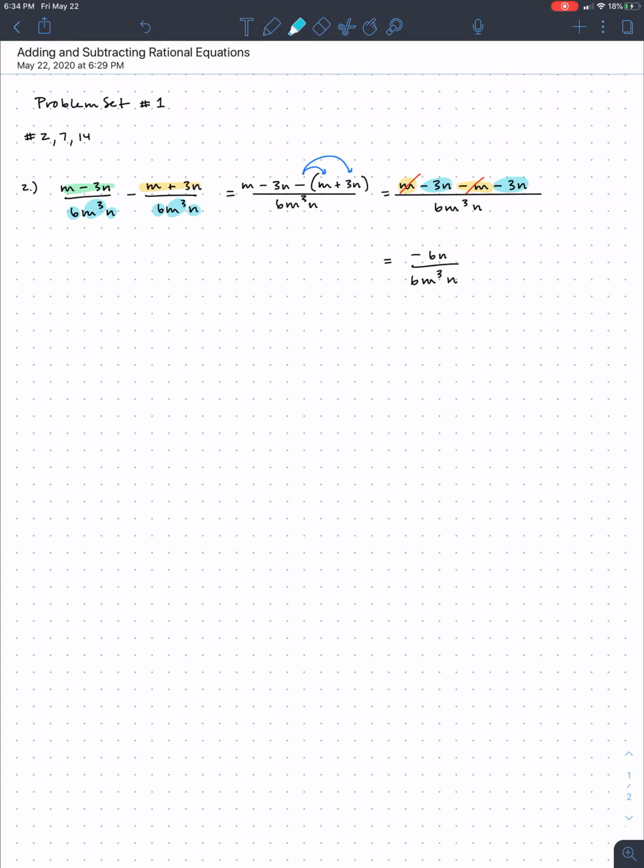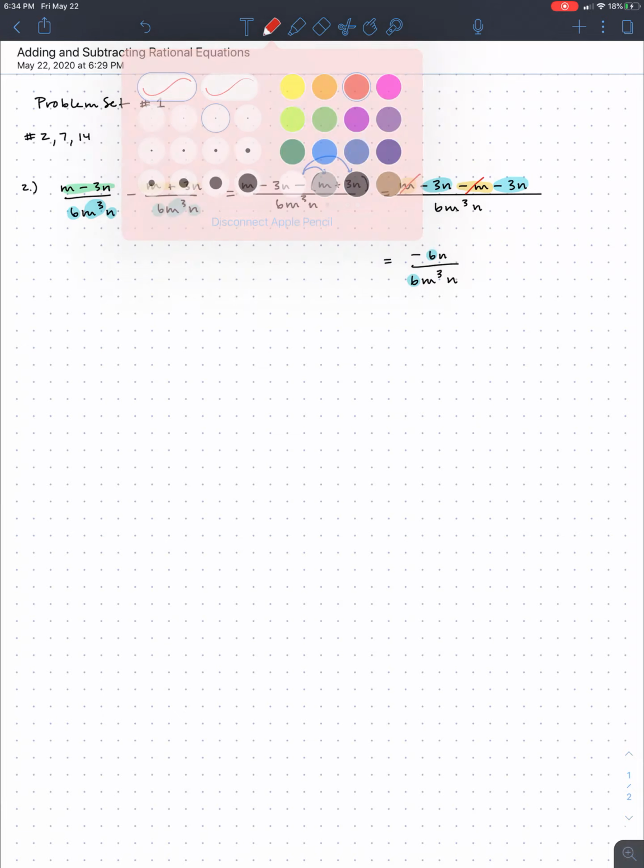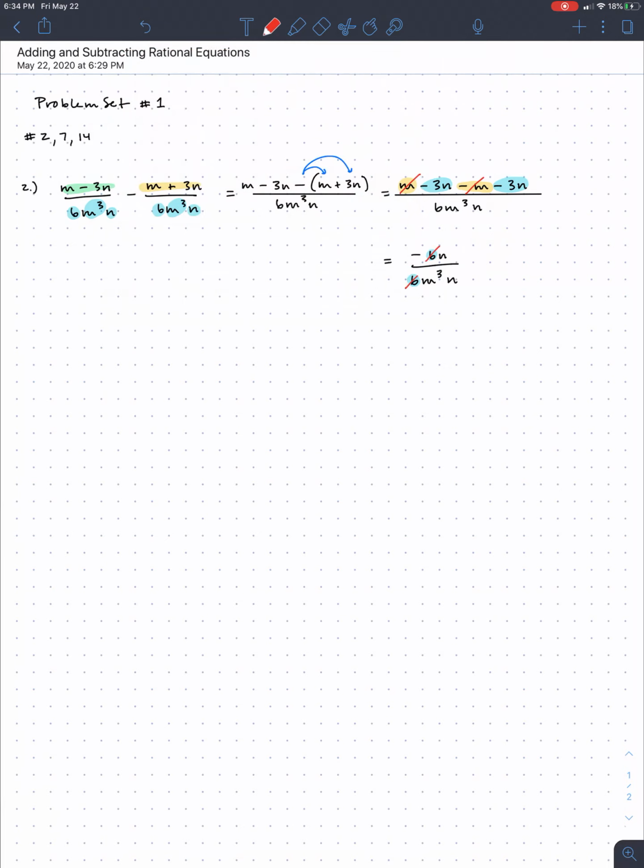Can I reduce this anymore? Well, I have a 6 in the numerator and a 6 in the denominator. Everything's being multiplied together, so I can cancel out those 6's. I also have an n in the numerator and an n in the denominator, so my n's can cancel out. So what am I left with? I have a negative 1 over m cubed. And there's our final answer.